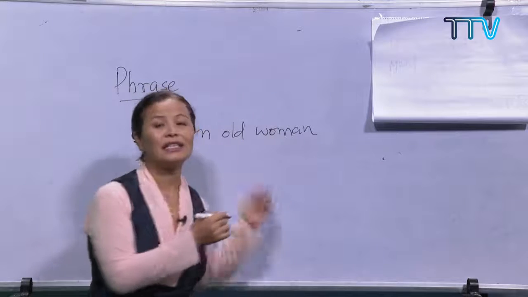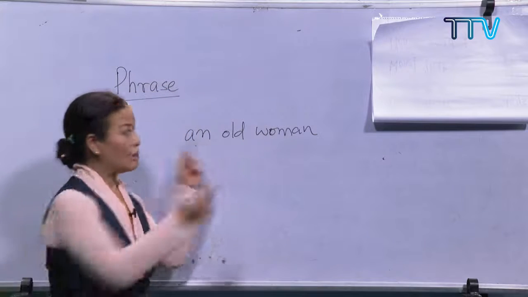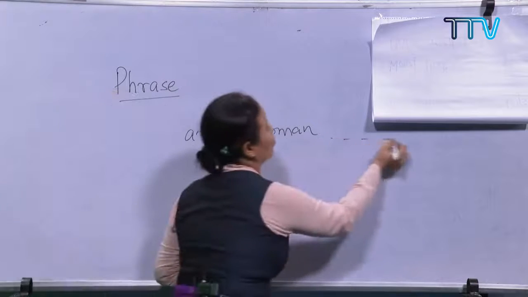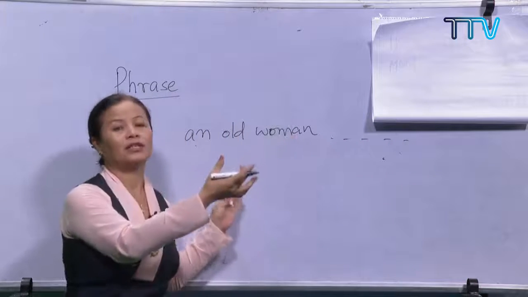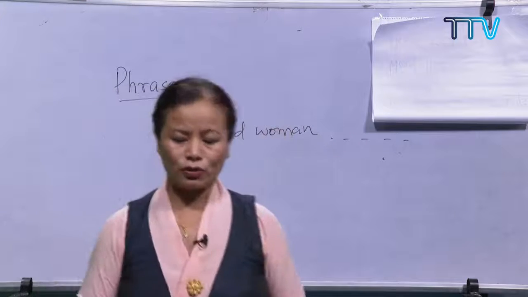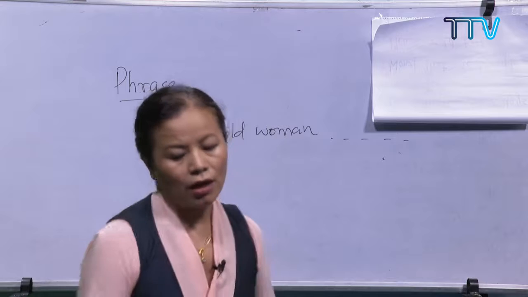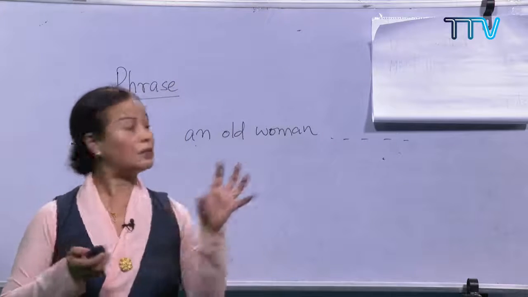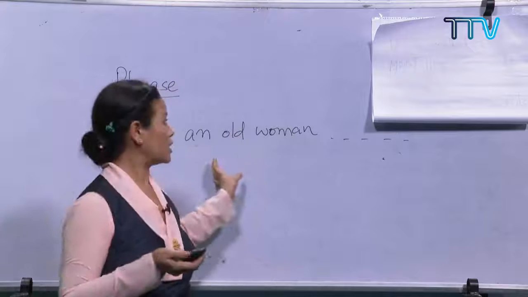So this is not a sentence. An old woman is not a sentence, but it forms a part of a sentence. So we can add something more to that. An old woman, then what? In order to make it a complete sentence. So a phrase is a group of related words that work together as a unit but does not have a subject and a verb.